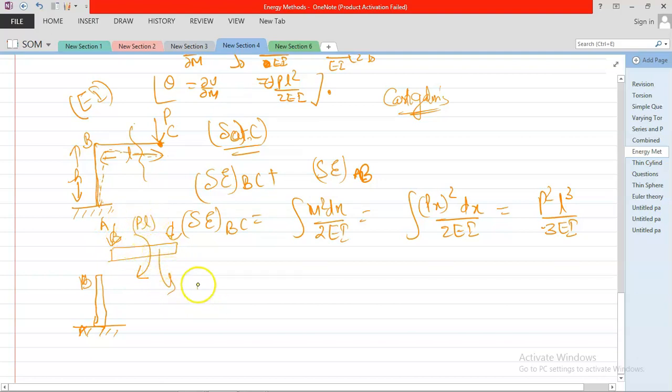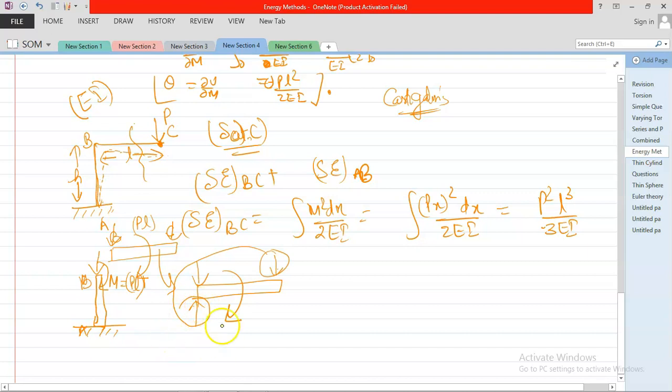Suppose this is your load acting here, and if you want to shift it here, apply a load in the opposite direction so that no effect will be there. Now this load and that load form a couple that will act in this direction. So at point B we have a load P and a couple M, that is P into L. I hope everyone is getting what I am trying to say.